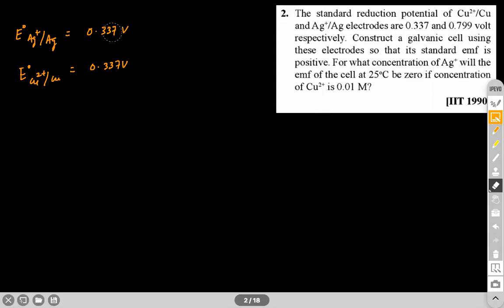Okay, I had written this by mistake earlier. Ag is there, so Ag is 0.799. Okay, 0.799.